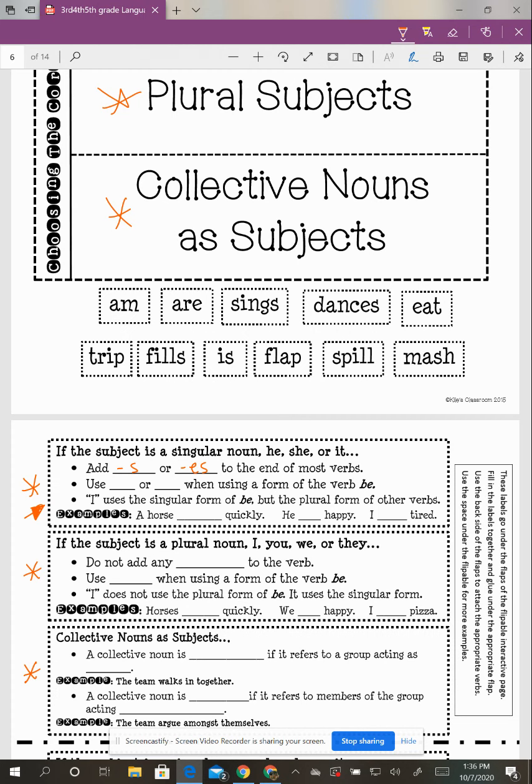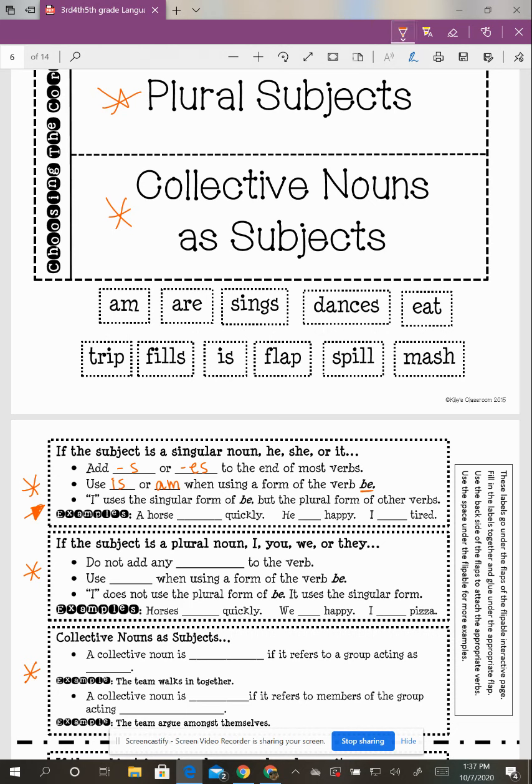So he, that's one person. If I need to say what he is doing, I would add an s to the end of sing. Now, I'm also going to use 2 different forms of be if it is a singular noun. I'm going to use is or am. Now, I also uses the singular form of be, but it'll use the plural form of other verbs, and we'll talk about that in a second.